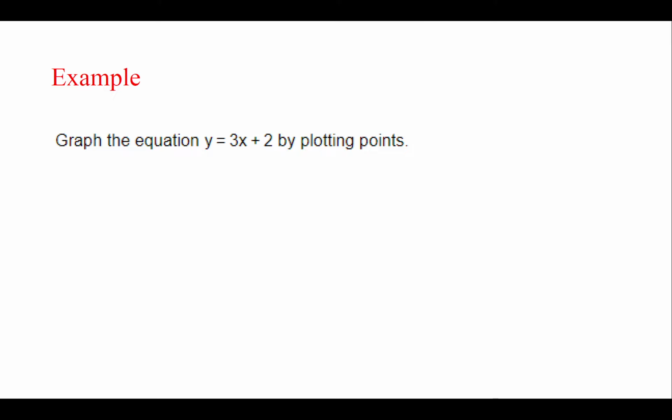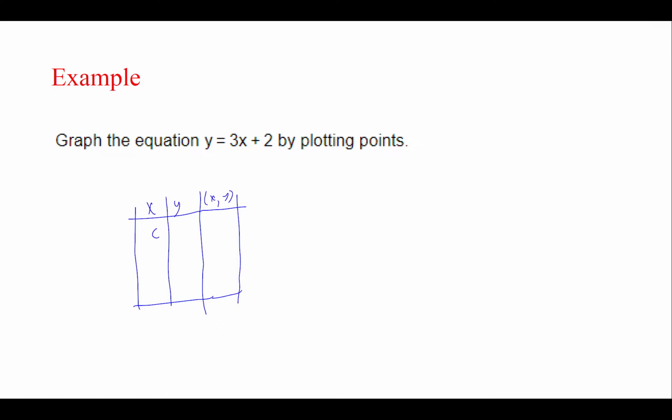To plot the graph of any equation using ordered pairs, we have to make tables first. And then from that table we find the ordered pairs for different points. If you have an equation, you have the freedom to choose the value of x, and by using that value of x you can find the y.